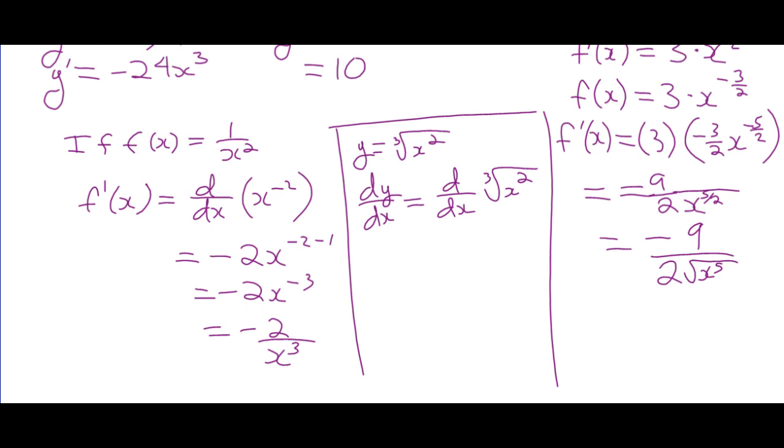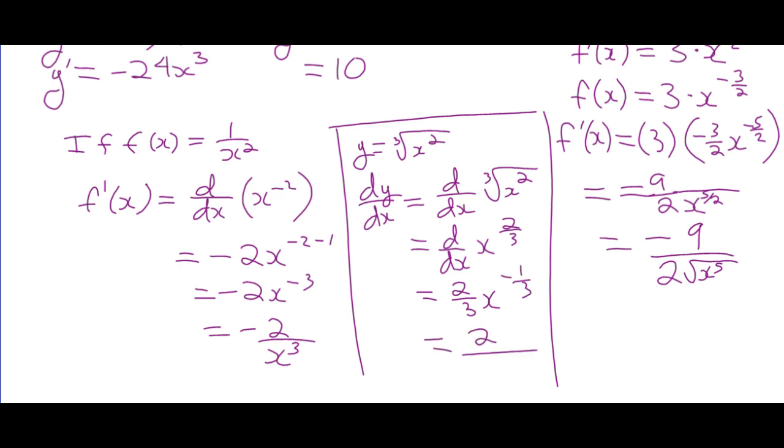It's d by dx of this, which is equal to, well, d by dx of x, so what's the power? 2/3. And now we're actually going to do the derivative, so it's going to be 2/3 x to the what? So it's 2/3 minus 1, which is 2/3 minus 3/3, which is negative 1/3.